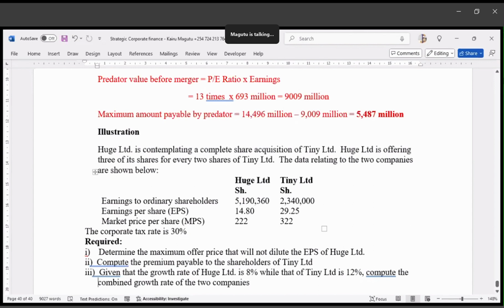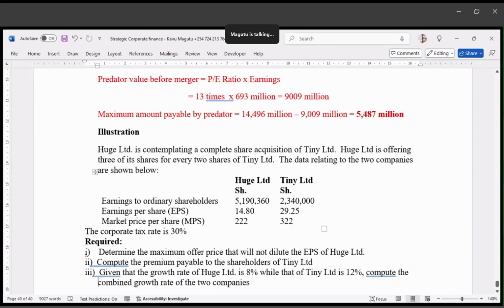The data relating to the 2 companies are shown below. Huge Limited, Tiny Limited. Earnings to ordinary shareholders for each, earnings per share, market price per share, that is the MPS.